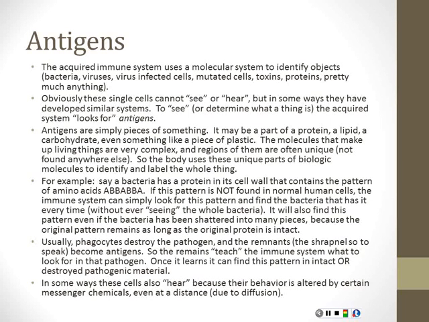Now, why is that important? Well, because particularly living things like bacteria and viruses, and viruses are kind of alive anyway, there's so much variability in what bacteria are made of, identifying a piece of the thing is enough to identify the whole thing.